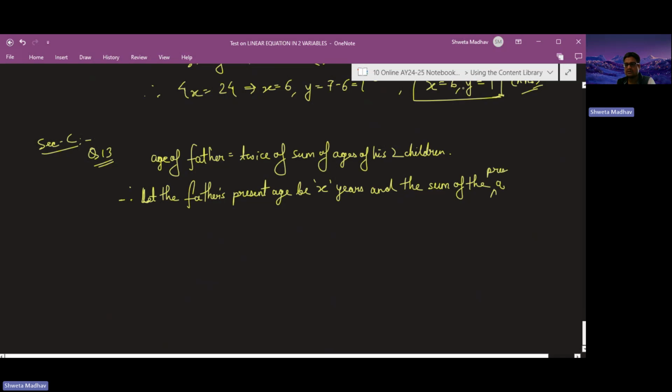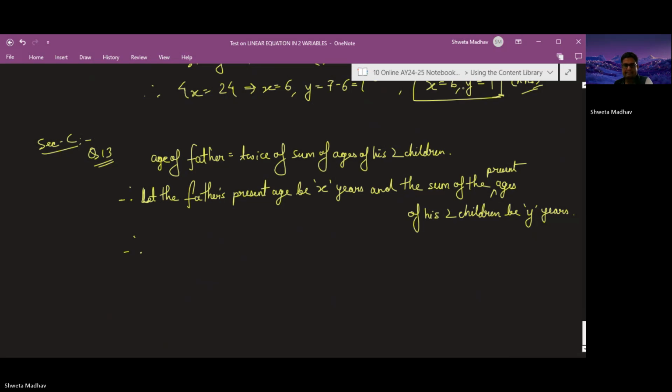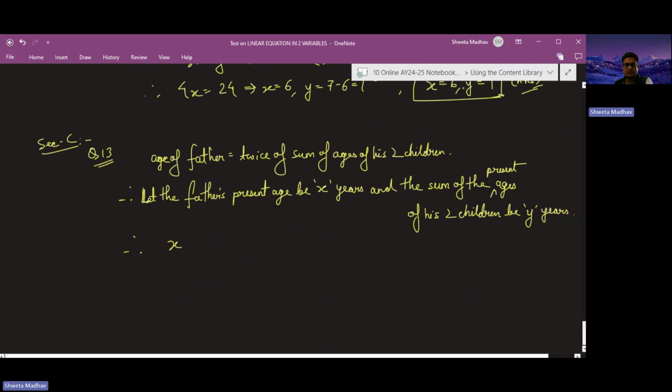So now, therefore, we can say that the age of the father, x, will be equal to 2y, which is equation 1.